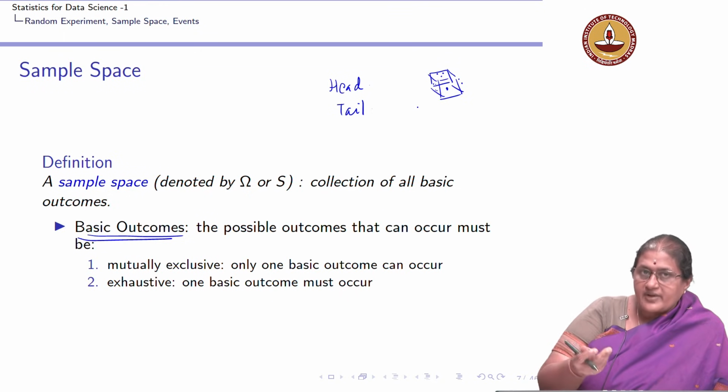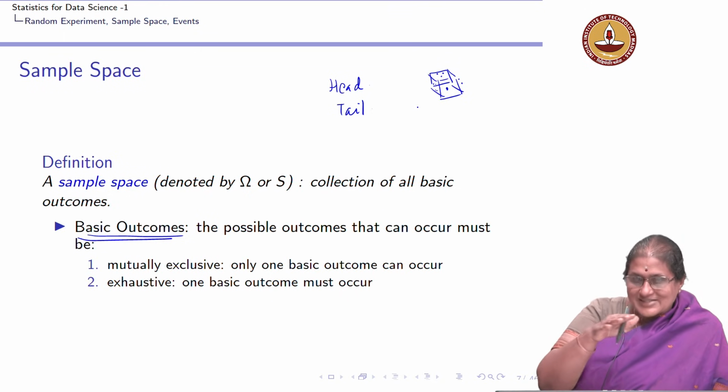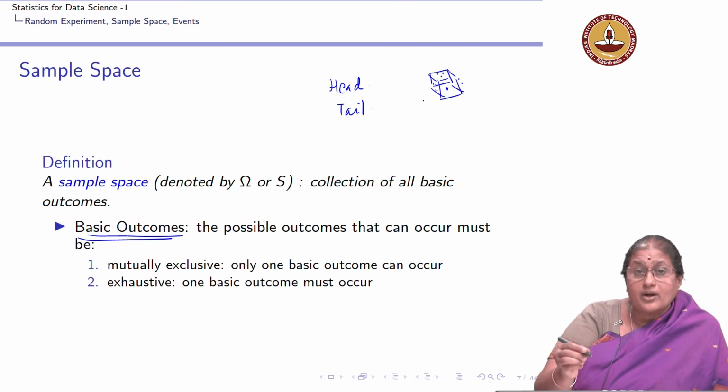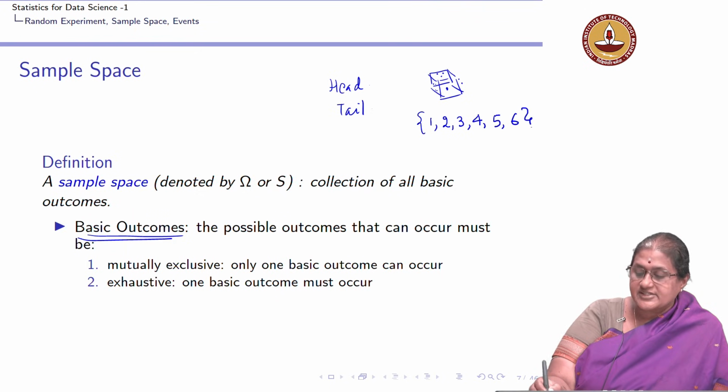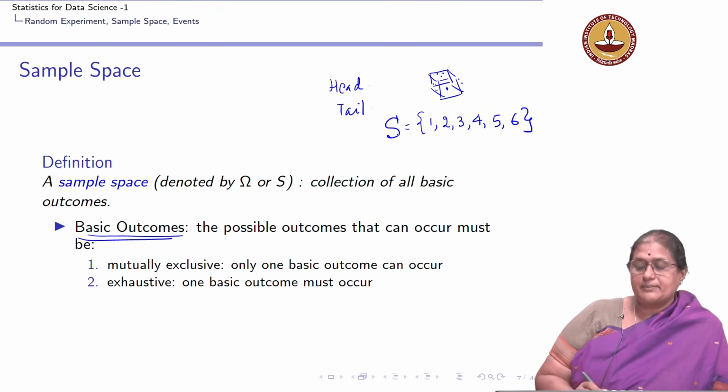When I roll a die, whatever turns up on the top is what I record as my observation. It could be either a 1 or a 2 or a 3 or a 4 or a 5 or a 6. So, one of the basic outcomes will occur. I represent this by my sample space.